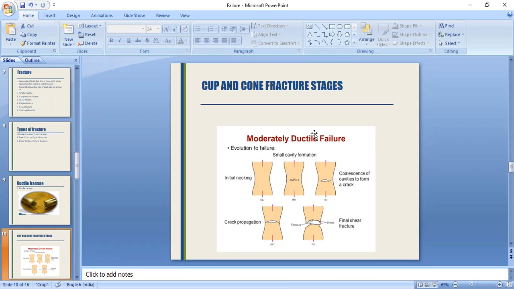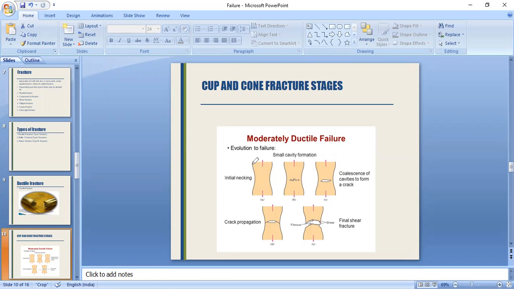In any object or material which is under a tensile load, here you can see, this is a tensile load. Consider a steel material under a tensile load. When we apply a load, what happens?